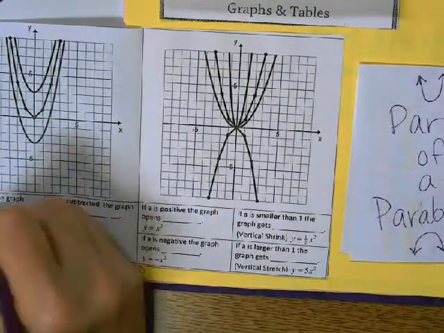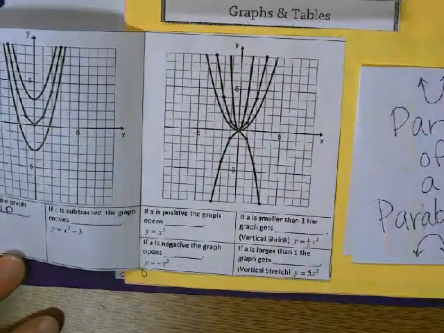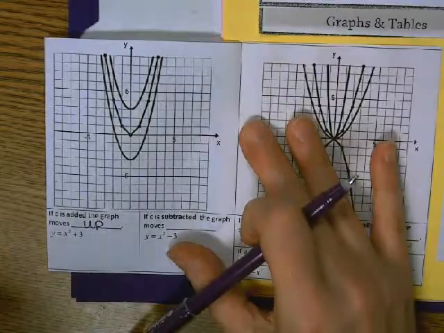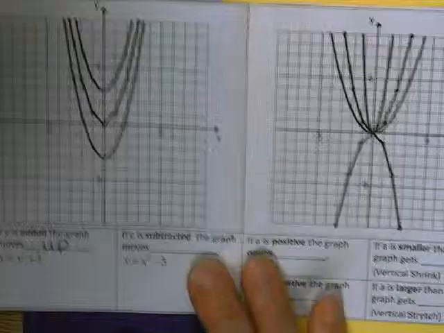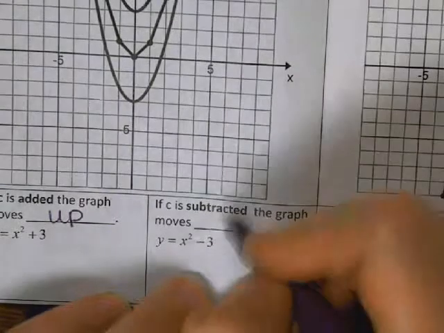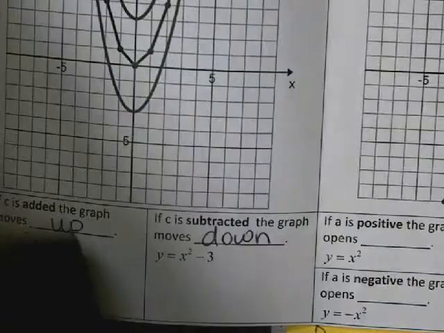If c is added, the graph moves upwards. If we're adding c, if it's getting bigger on the c part, then the graph is moving upwards. If we are subtracting, then it's going to move down. Okay?